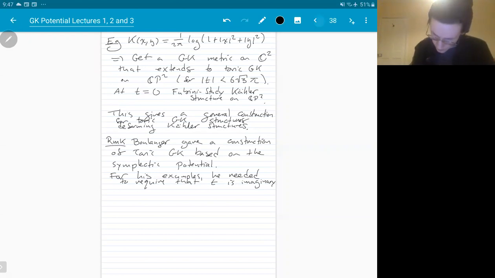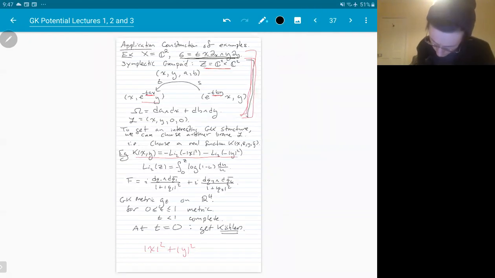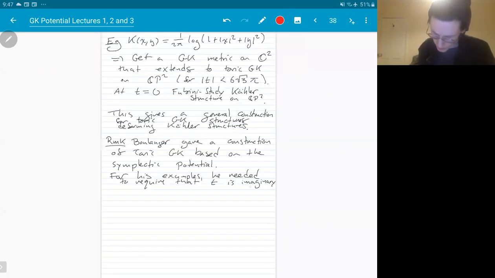This parameter T here is the parameter that I'm deforming. So in Boulanger's work, he needed that T was imaginary, and in this picture, T should be real.